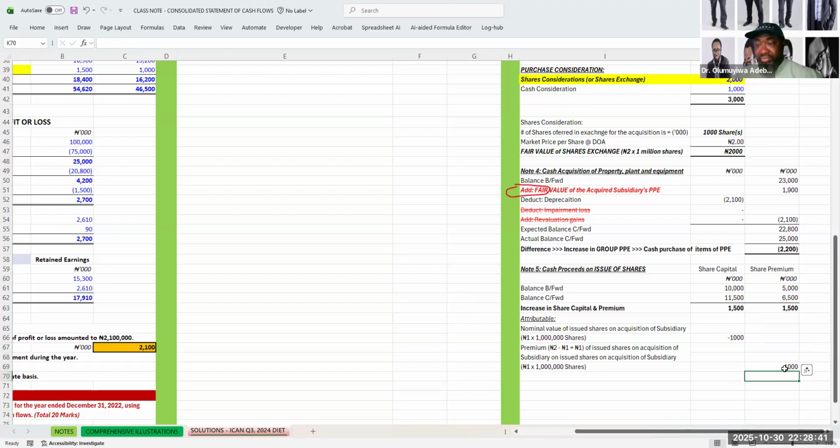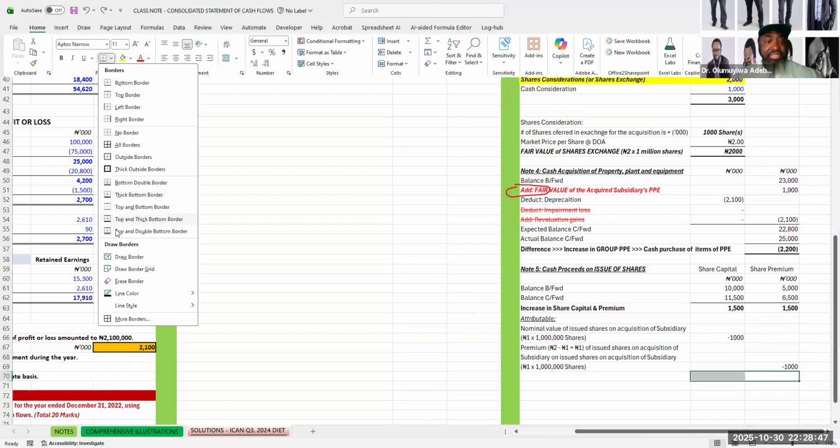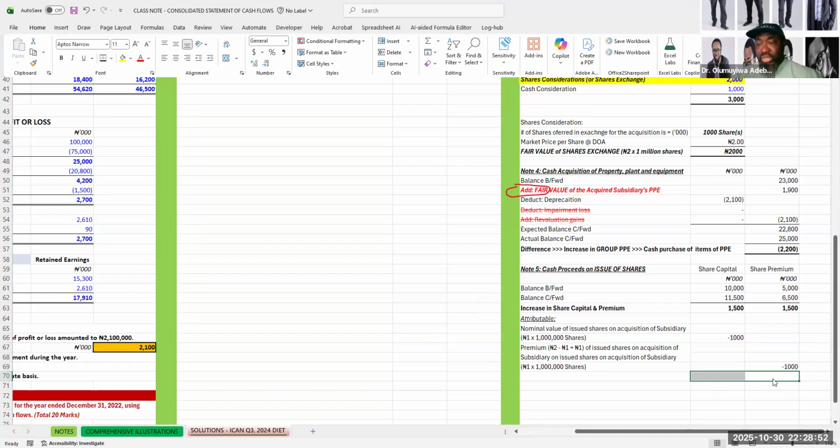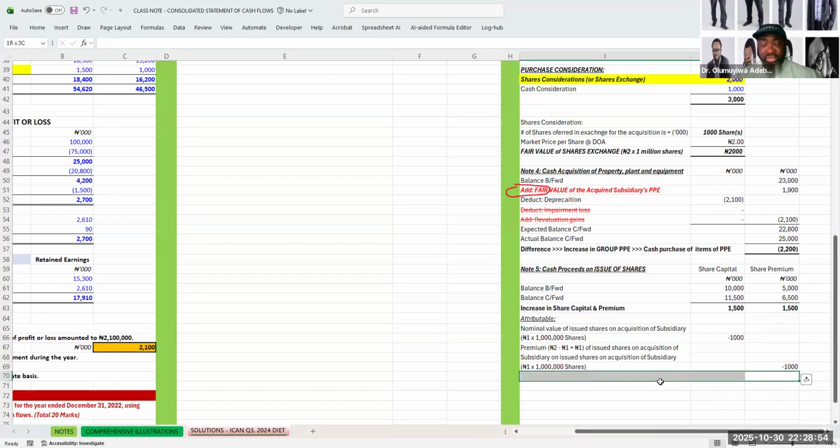What is left is the amount that can be attributed to issue of shares for cash at the end of the year, which means what is left is cash proceeds from issue of shares, maybe to the public.